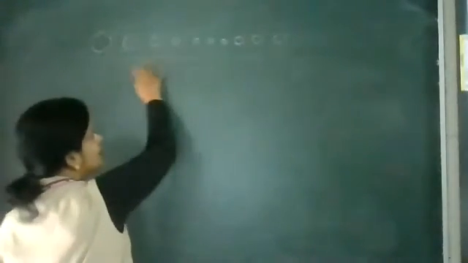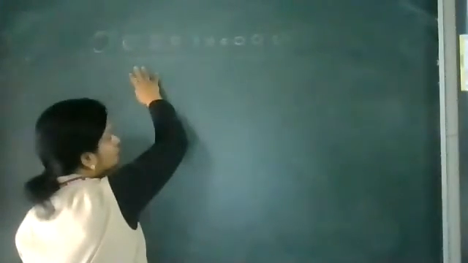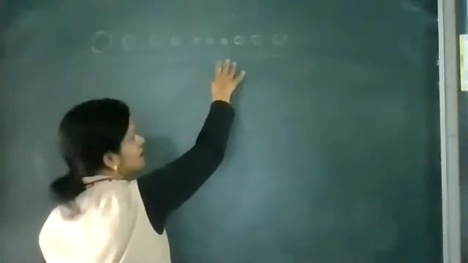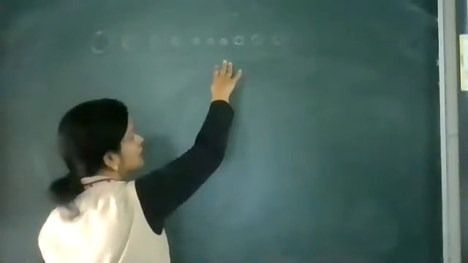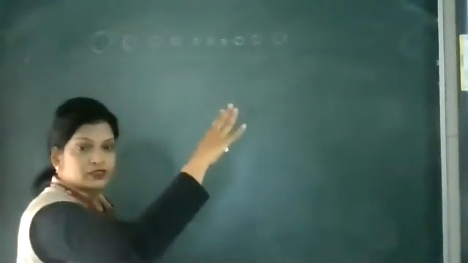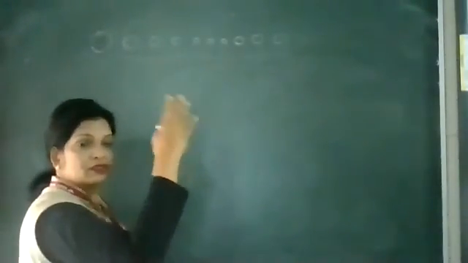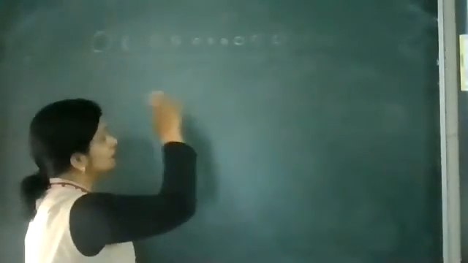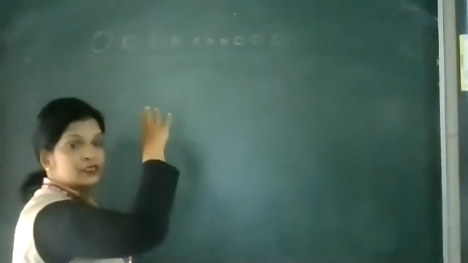Here the size is decreasing because of the poor shielding effect of the electrons. Now more and more electrons are entering the penultimate shell, so there is electron repulsion. These repulsions start counterbalancing the decrease in size caused by the poor shielding effect.